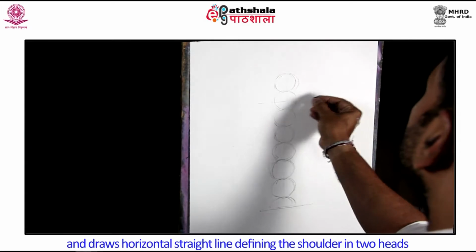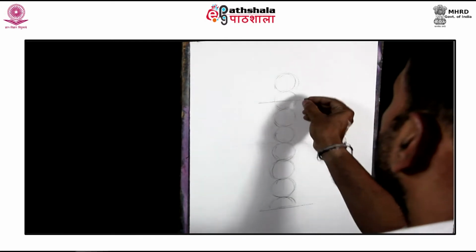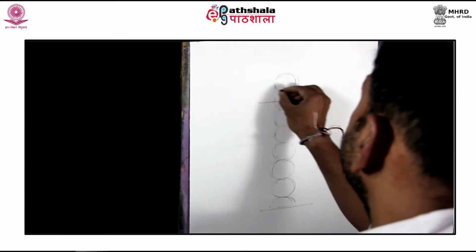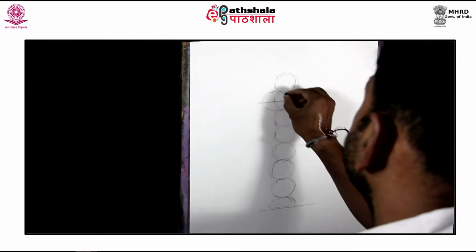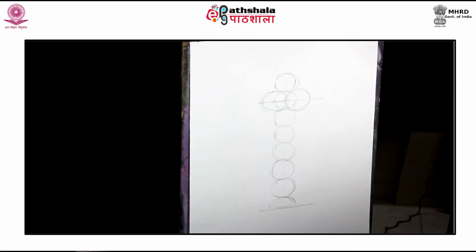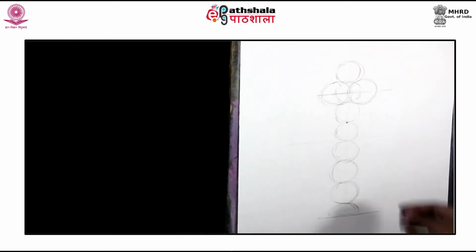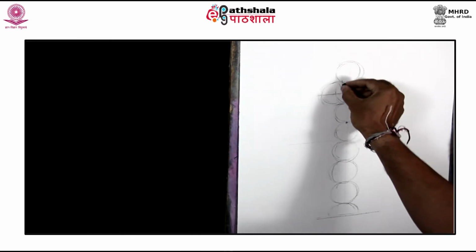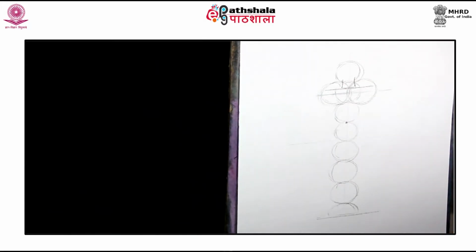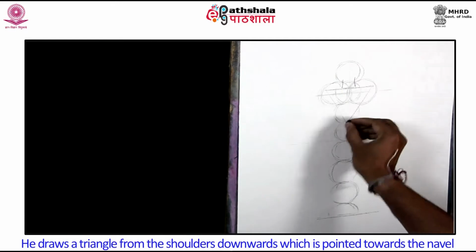He draws a horizontal straight line, defining the shoulder in two heads. He draws a triangle from the shoulders downwards which is pointed towards the navel.